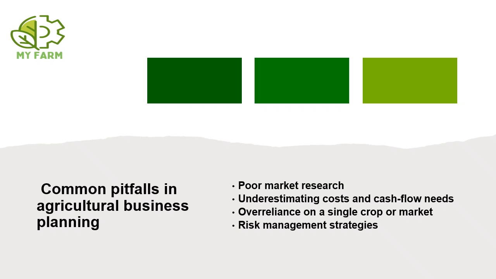A third pitfall is over-reliance on a single crop or market. This increases vulnerability to weather shocks, pests, diseases, and sudden market changes. Without diversification, a single setback can jeopardize the entire operation. Additionally, many farms lack risk management strategies such as insurance, contingency plans, or alternative suppliers.